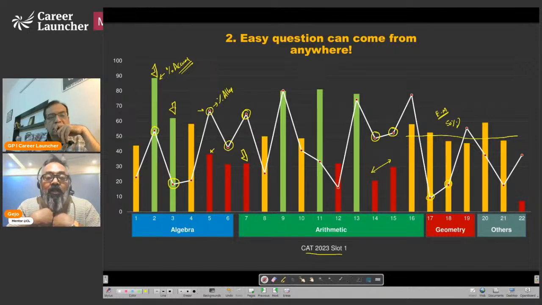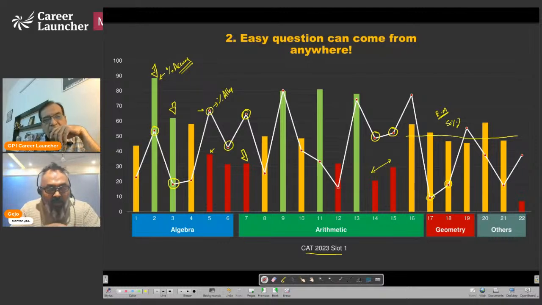At least in verbal ability, what happens is that even if you're confused, you'll mark something and then you'll see the negative. In the quant, if you don't get an answer, you don't mark it, so the time that you waste on that question gets hidden. I hope I'm making sense, right?